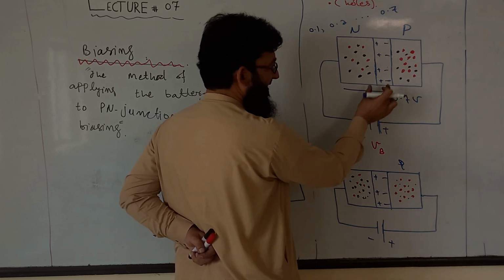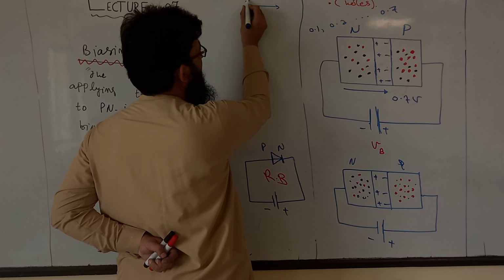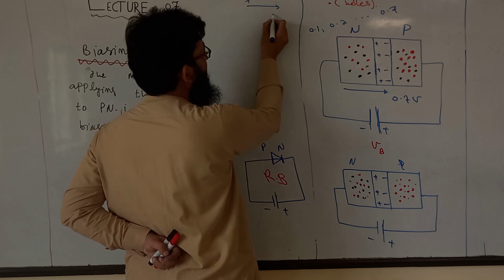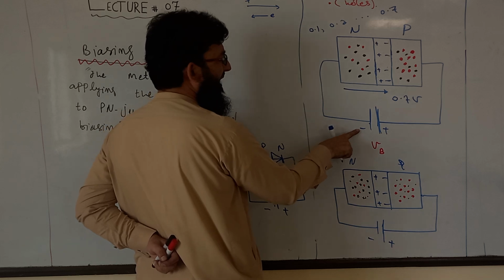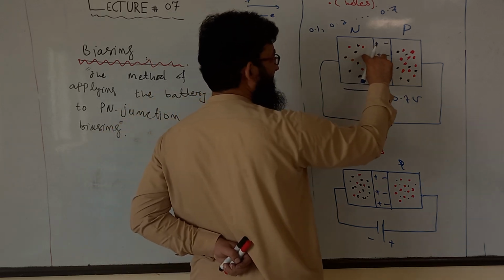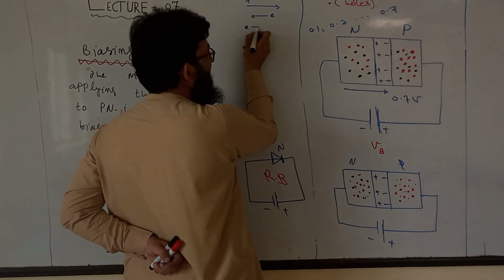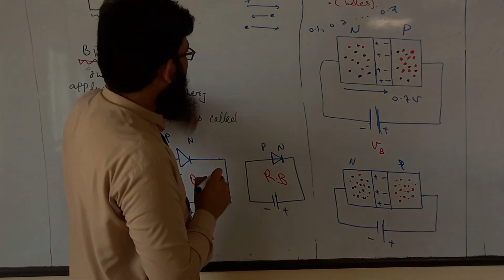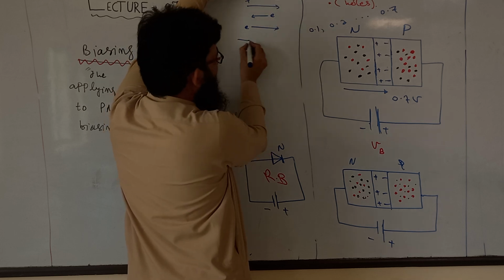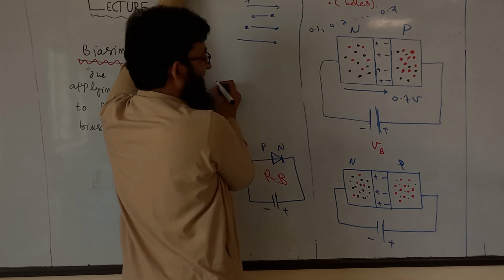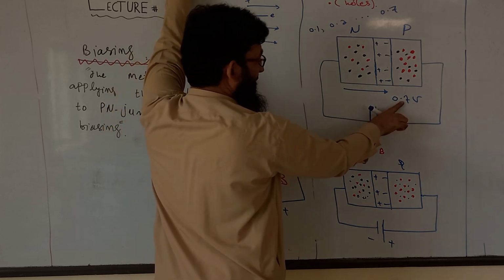If we observe it here, we know that the electron always tends to move in the direction opposite to the electric field. But from here we are applying potential and want to move these electrons in the direction of the electric field. So here 0.7 potential is applied and we are applying potential in the opposite direction to the potential barrier.